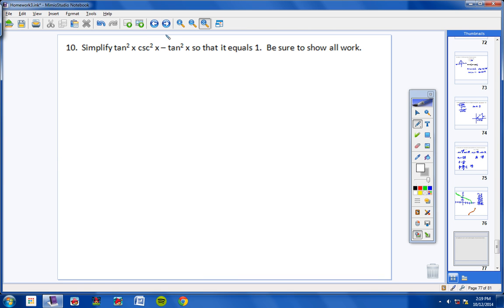Okay, we're going to simplify this very quickly. It's very simple to do. First of all, I'm going to factor out a tangent squared. And when I do that, I'm left with cosecant squared x minus 1.